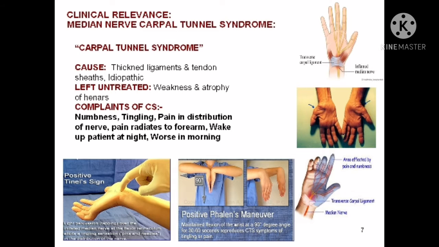And in Phalen's maneuver, we flex the suspected hand at 90 degrees for 30 to 60 seconds, and the pain is elicited in the distribution of the median nerve, and we confirm carpal tunnel syndrome by this particular method.